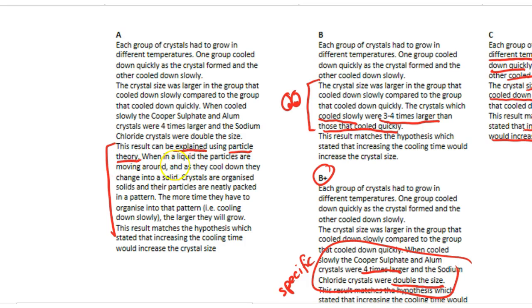When in a liquid, the particles are moving around, they cool down and they change into a solid. Crystals are organized solids. Now I've just said why this is important. So we've got a liquid going into a solid. Why is this relevant? Because crystals are organized solids and they need to be neatly packed. So that is me actually saying straight away there how this is relevant.